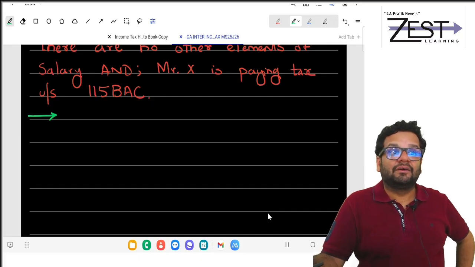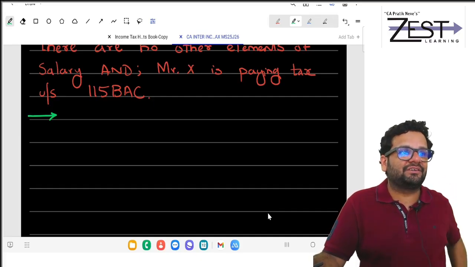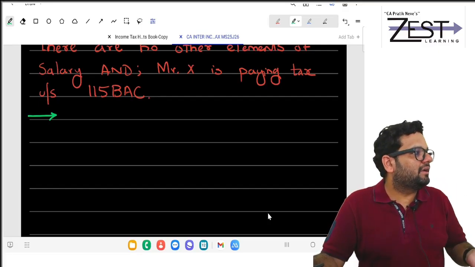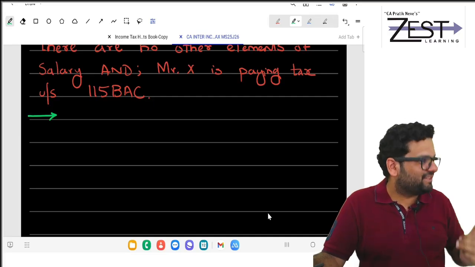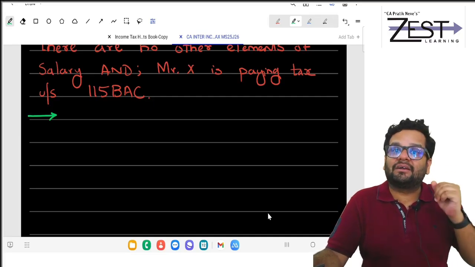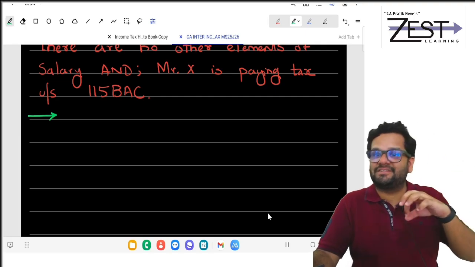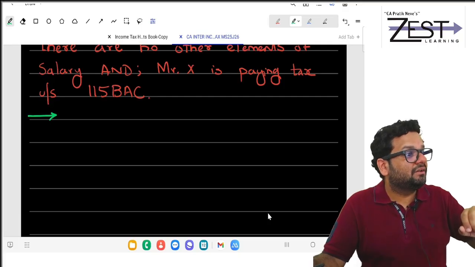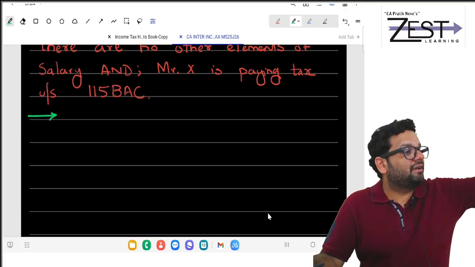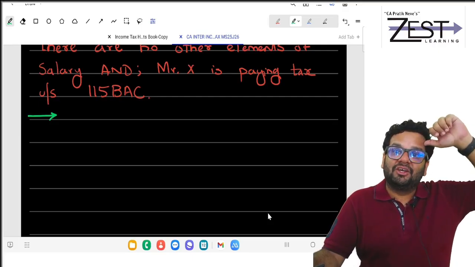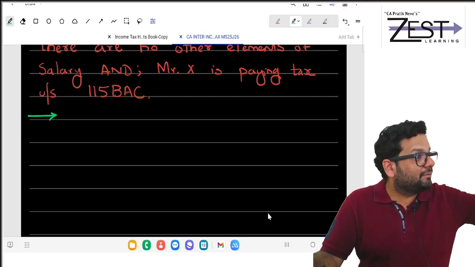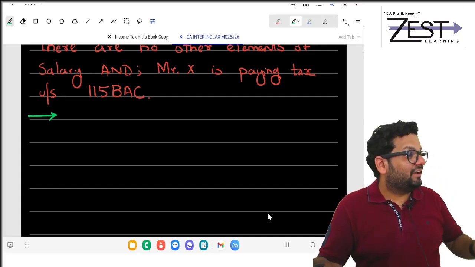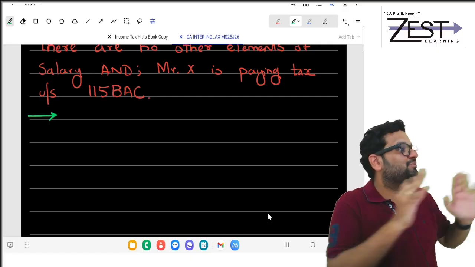And only giving a declaration is not sufficient. At the end of the financial year, you will ask him politely, give me proof of investment. And if you can't get proof of investments, then you will not allow those deductions in the last month of the PY. Your tax liability will increase, and extra tax will have to be deducted in the last month.